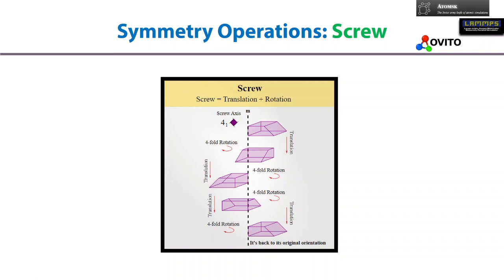Then again you translate it downwards, you rotate it 90 degrees, again you translate it downwards and rotate it 90 degrees, and again. So finally you see that after rotating it four-fold for 4 times, which means you are rotating it 360 degrees, and after translating 4 times below, you are returning to your original orientation. And this combination of translation and rotation is known as screw symmetric operation.